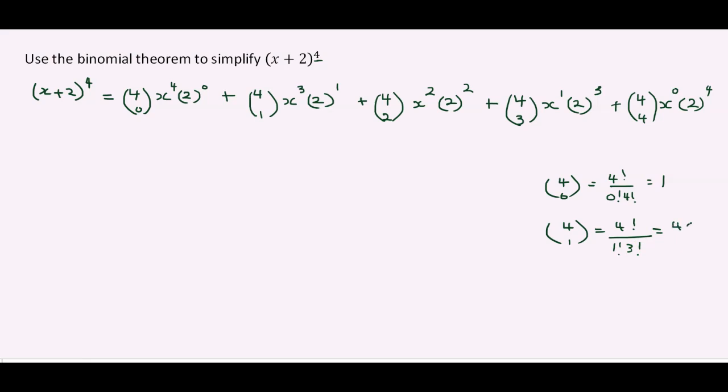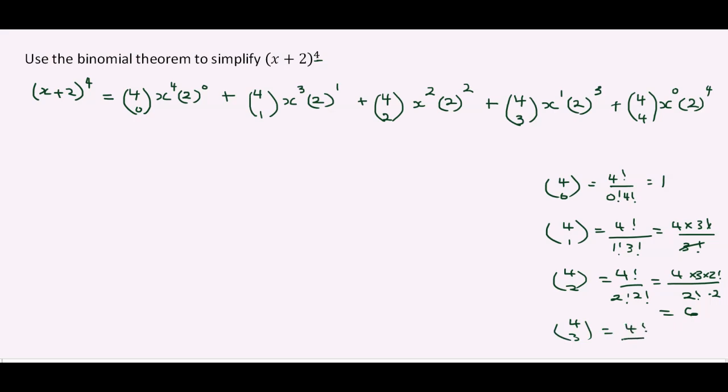So it's 4 times 3 factorial over 3 factorial, which is 4. So 4C2 is 4 factorial divided by 2 factorial times 2 factorial, which is 4 times 3 times 2 factorial divided by 2 factorial times 2. So this is going to give you 6. And then 4C3 is 4 factorial divided by 3 factorial times 1 factorial, so that's going to give us 4.